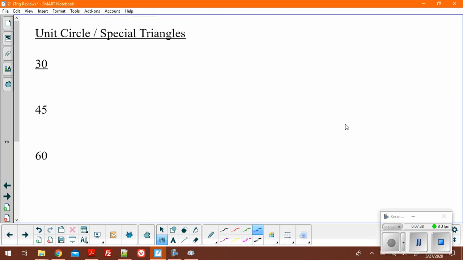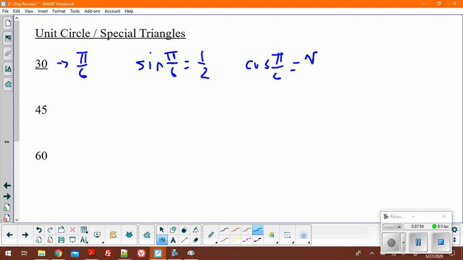So for example, first, the angle, 30 degrees is pi over 6. Sine of pi over 6 is equal to 1/2. Cosine of pi over 6 is equal to root 3 over 2.